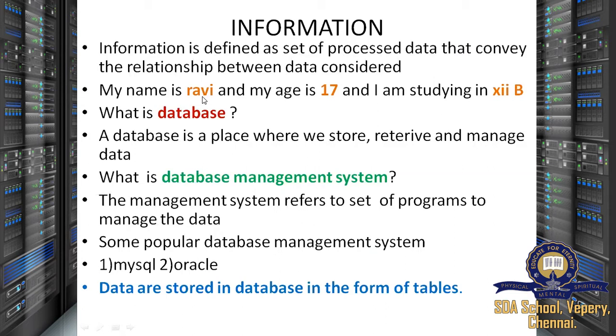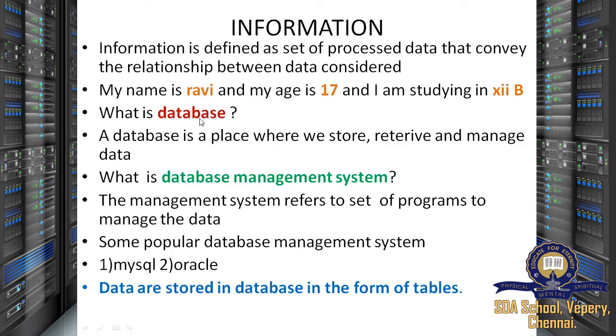Now I'm going to consider these four data: Ravi, 17, 12, and B. When these are processed, they convey a relationship. Ravi is related to the age 17, then to the section and class. So when these data are processed, I get meaningful information.